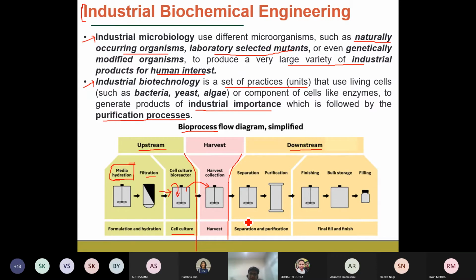The basic unit operation is separation. First, we generally separate the cells from other dissolved chemicals. Cells are like semi-solids. If you see the bacterial culture, it contains suspended microorganisms, and that can be separated very easily by, for example, the filtration step.